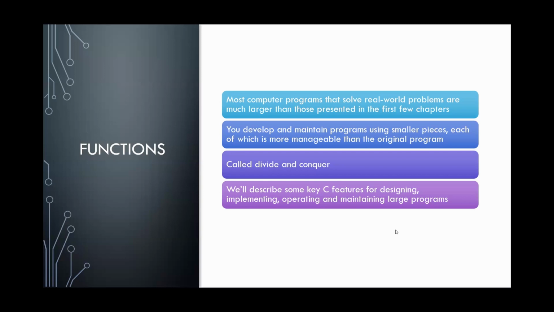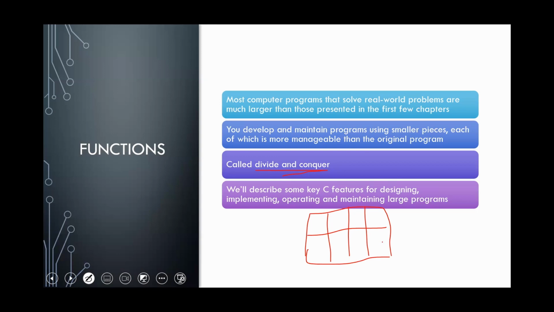We're going to call this divide and conquer. So that is going to give us a way of taking that big chunk of a program, right? And we're going to complete it piece by piece, right? There's an old English saying that says, how do you eat an elephant? Well, you eat him bite by bite. Okay, so that's basically what we're doing.